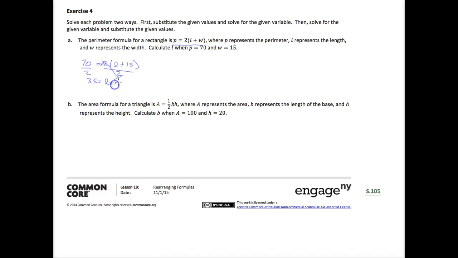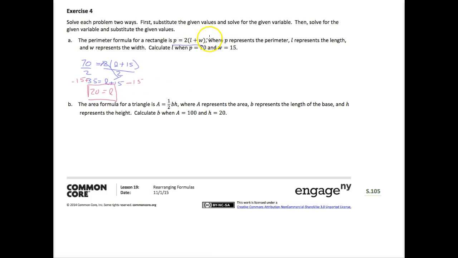L plus 15. If I subtract 15 from both sides, that's pretty easy to do. Minus 15 and minus 15. 20 is L. Nice. Okay, so there's L solving by substituting first.